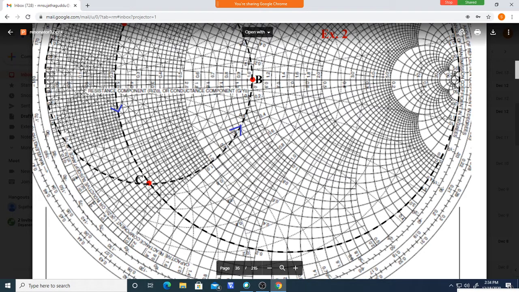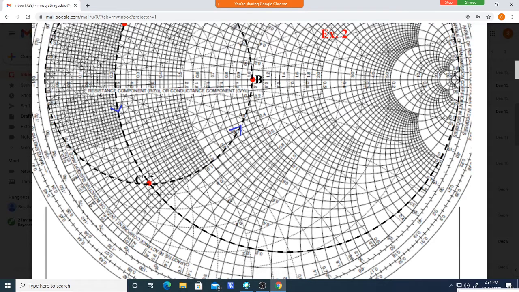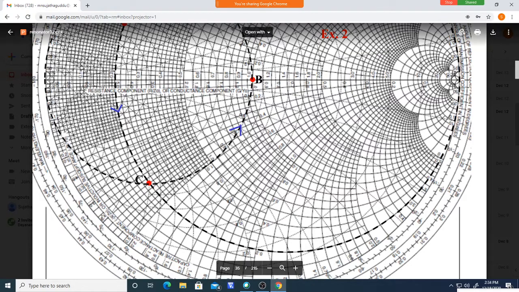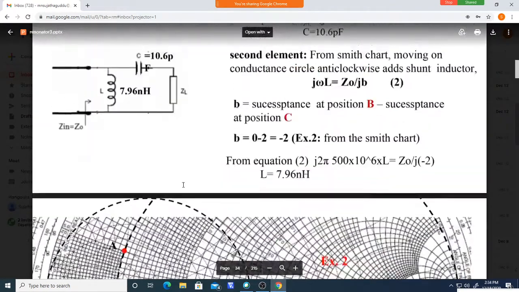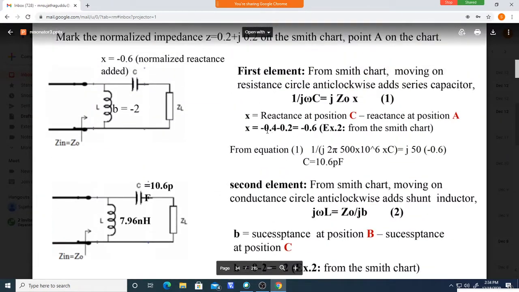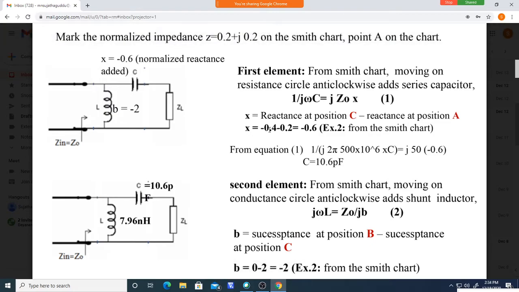This reactance circle is not passing, and this one is also not passing. The circle passing through this point is this one. Its value is 0.4, and since it is in the lower part, it is the negative reactance, so it is minus 0.4.